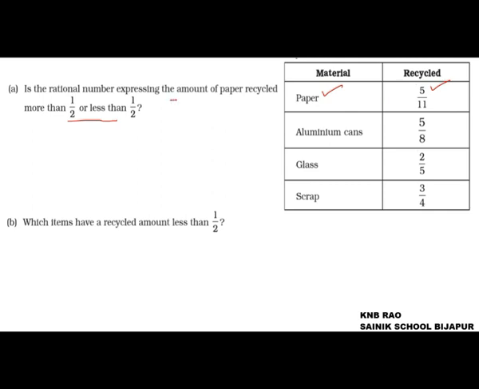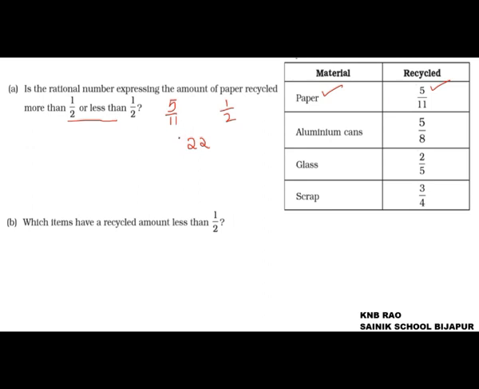So 5 by 11, 1 by 2, with the denominator 11 and 2, their LCM gives us 22.